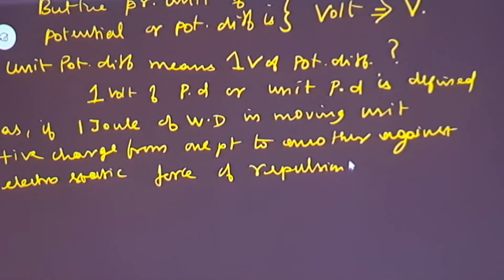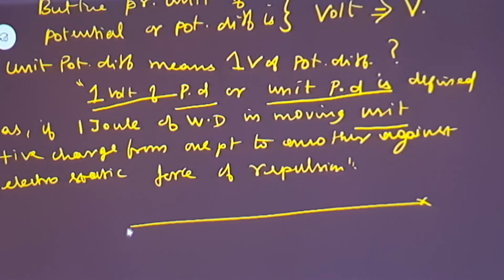Clear? This is not in your book, but you can say what you mean by 1 volt of potential difference or unit potential difference. 1 volt or unit potential difference is defined as: if 1 joule of work is done in moving a unit positive charge from one point to another against the electric force of repulsion. To the 3 definitions, you can add this as the 4th definition. This will be useful for you.